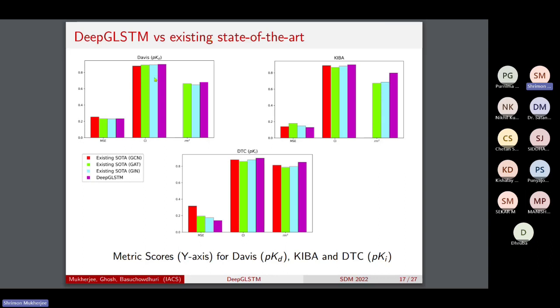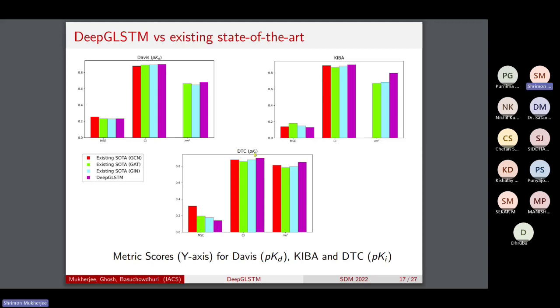Since Davis is a KD value, we apply PKD on that to normalize it. KIBA is another dataset which is generated by taking all the affinity scores and normalizing them into a single score, and they call this KIBA. How they normalize, you have to go through the paper that first presented the KIBA dataset.